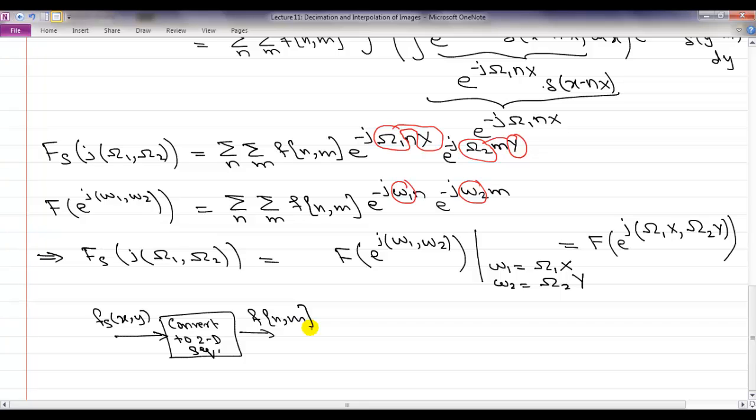If you have the sequence and go back to the Dirac comb, then you simply divide your x frequency axis by capital X, the y frequency axis by capital Y, just like in the 1D case, where we divide our frequency axis by capital T. On the other hand, if you are going from here to here, you multiply your frequency axis by X in the x direction and Y in the y direction.